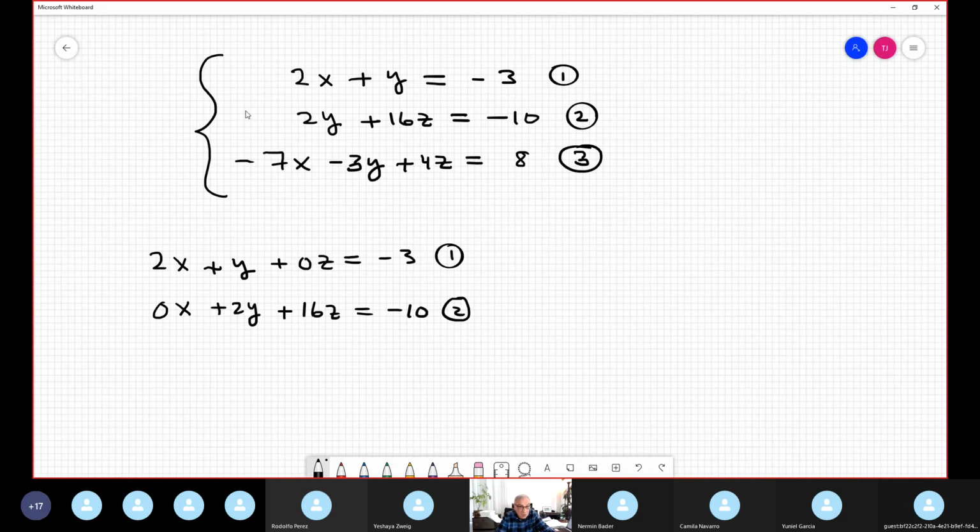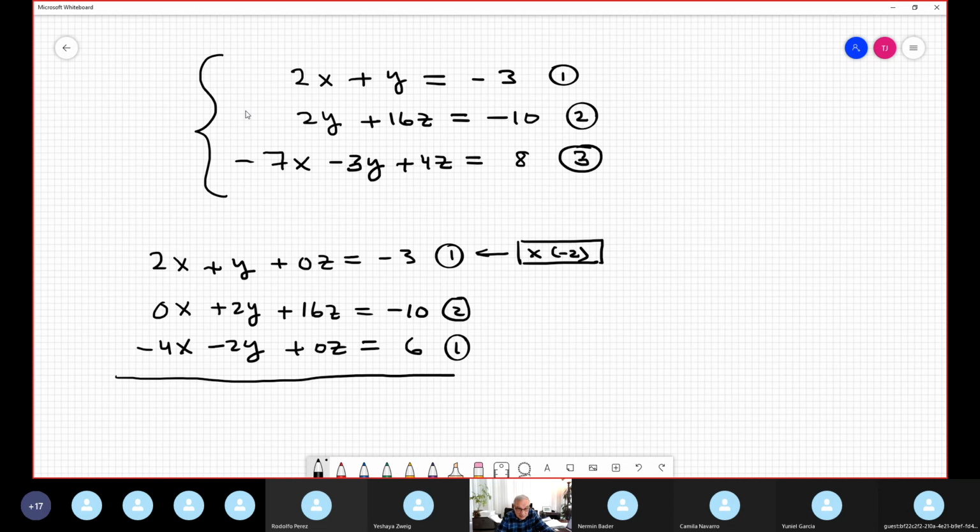I see that y is the variable I should delete somehow. So now multiply equation 1 by -2. We have -4x, -2y, 0z equal positive 6. This is my new equation 1, equivalent to the original equation 1. It's the same plane.